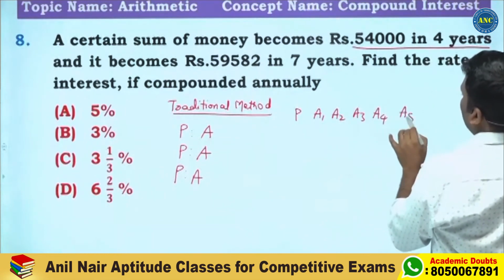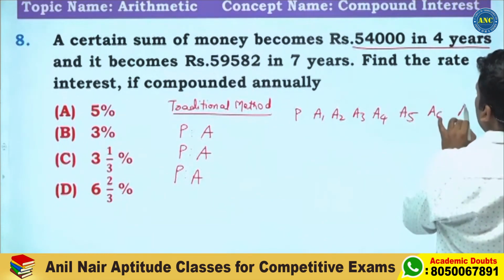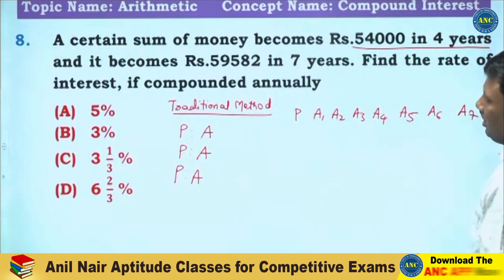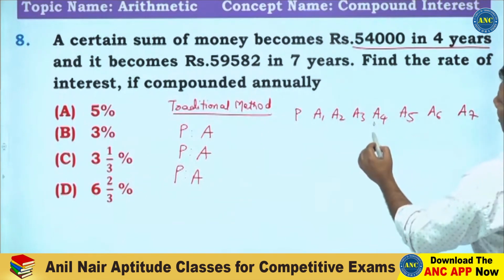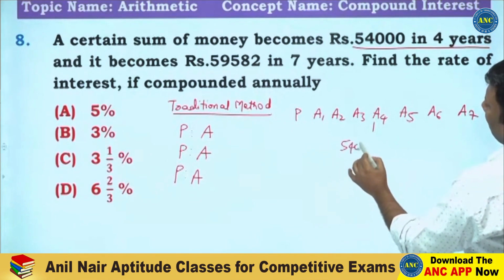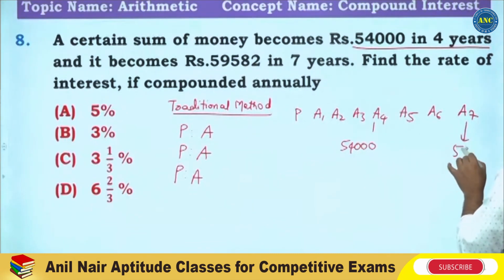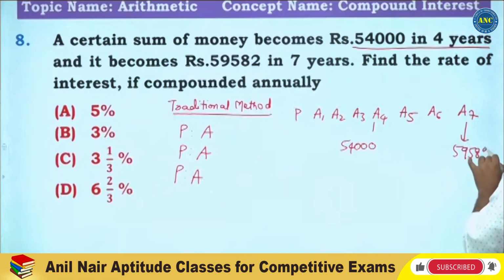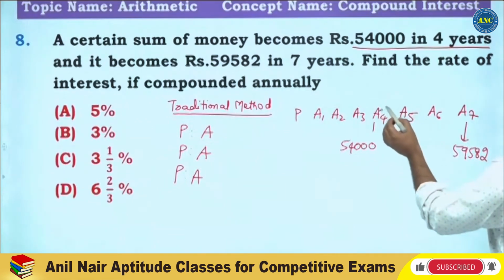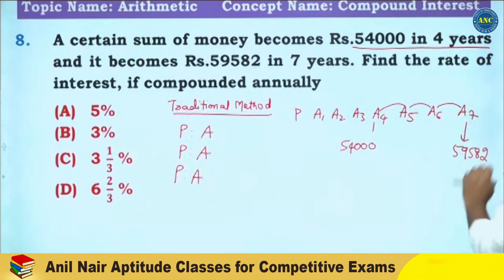Students will solve all this and waste their time. A5, A6, A7. So 54,000 at the end of 4 years becomes 59,582 at the end of 7 years. Time period 1 year, 1 year, 1 year, right?